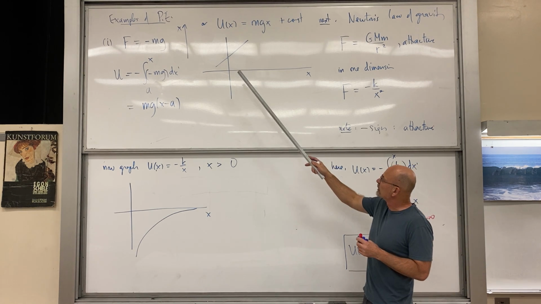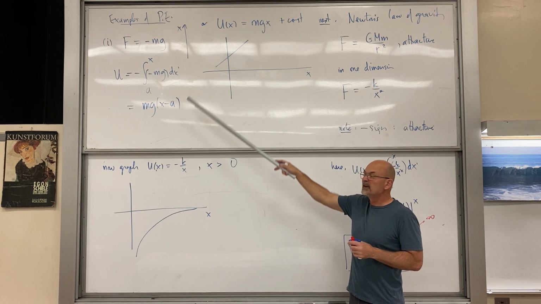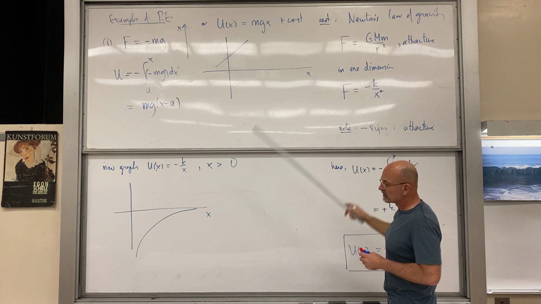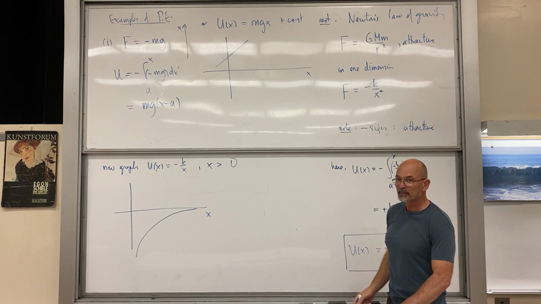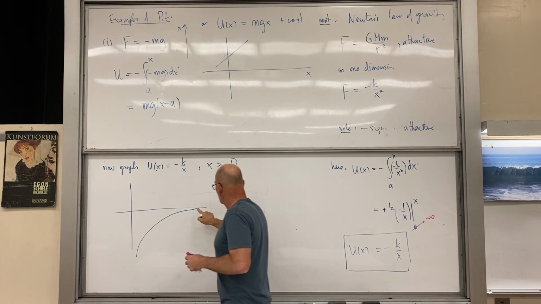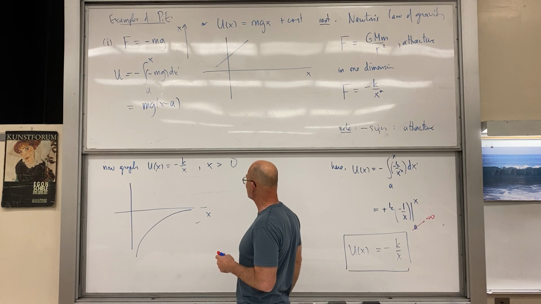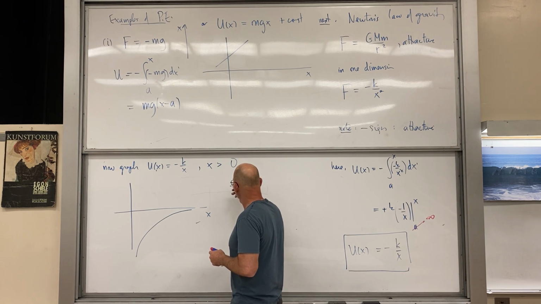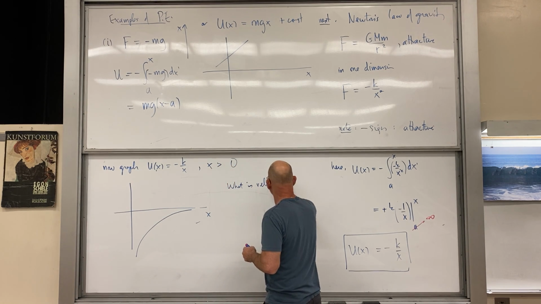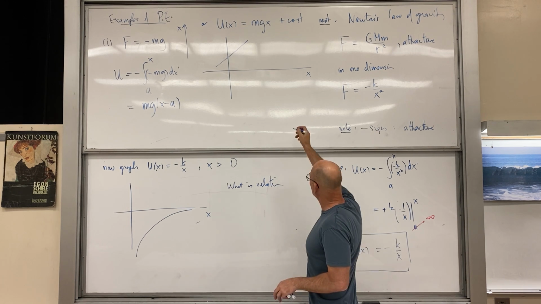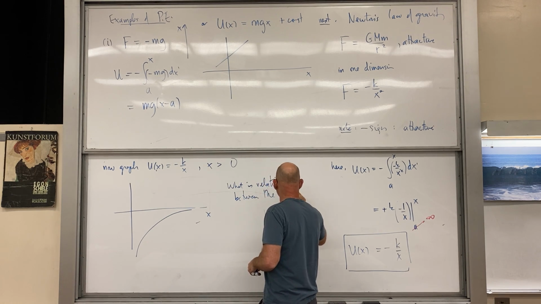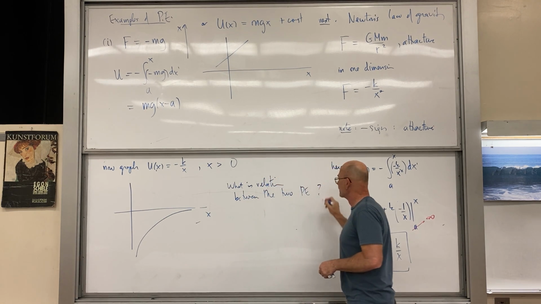And the next question is, what's the relation of these two potential energy functions? Because this is Newton's law of gravitation, it should be very general. We're going to spend a lot of time studying this later on, but we're already starting now. So what is the relation between these two, the two potential energies?